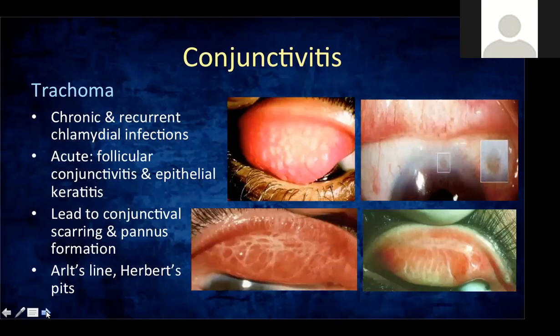When your chlamydial conjunctivitis becomes chronic, you call it a trachoma. So it's chronic, it's recurrent. You also have the follicles. But in the more chronic cases, you see these signs such as your Herbert's pits. Here in the limbal area, there's a pigmented depression.